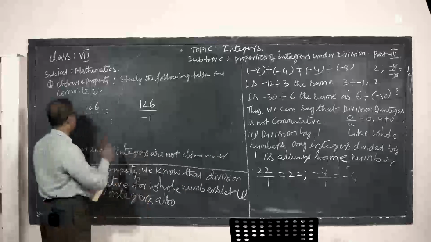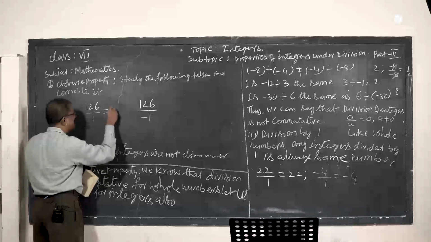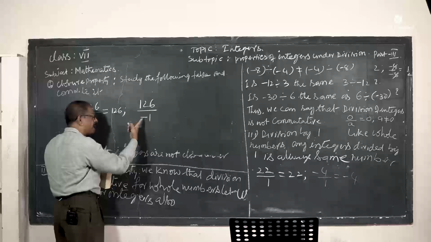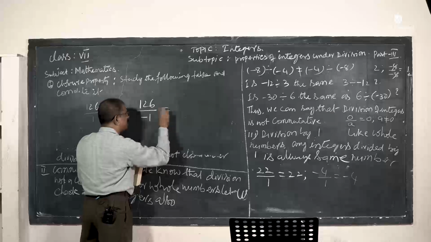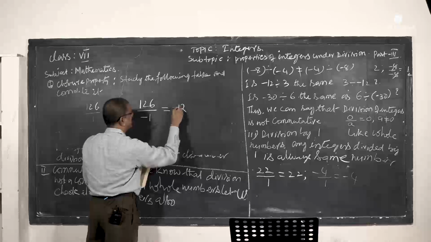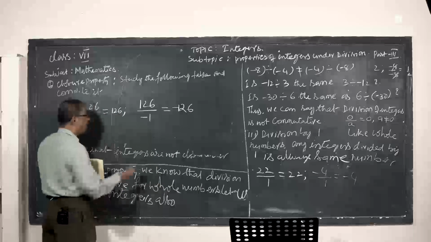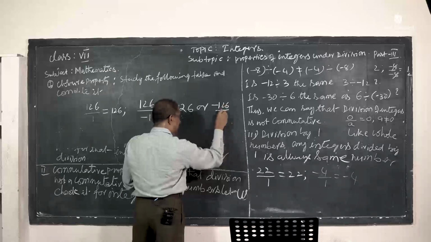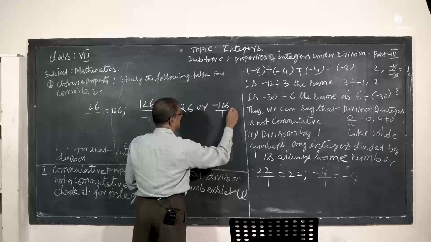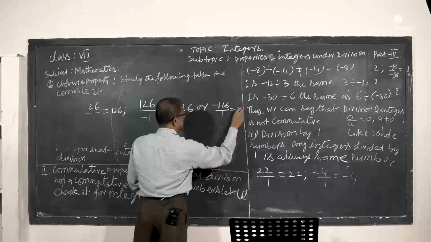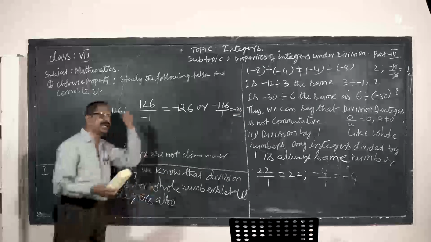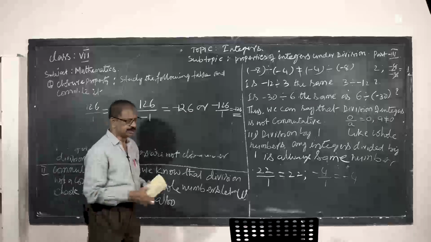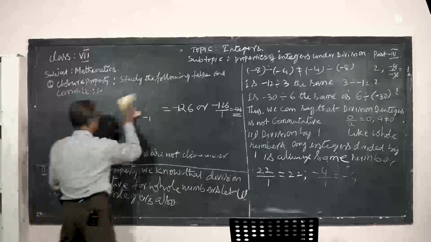Yes, 126 divided by 1 is 126. Next, 126 divided by minus 1 is minus 126. Or minus 126 divided by 1 is also minus 126. Take any number; if it is divided by 1, I'll get the same number.